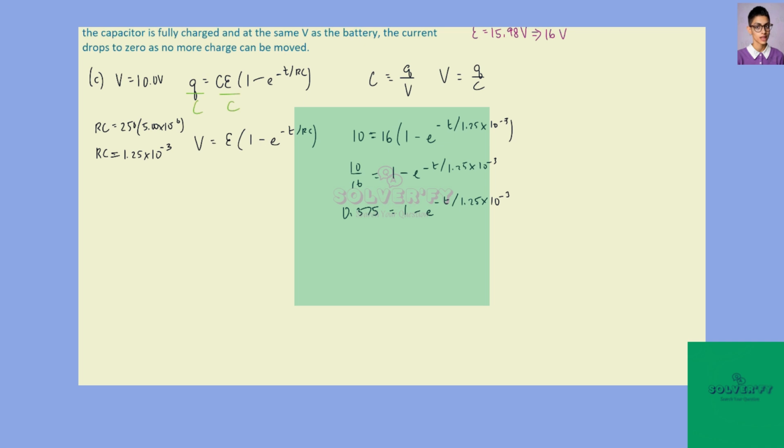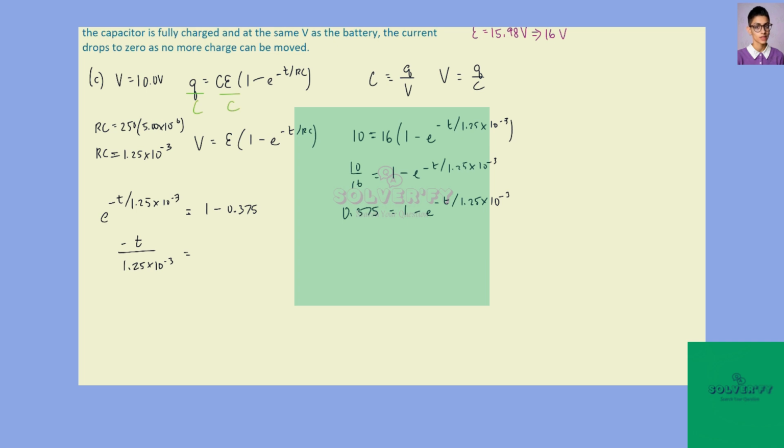And so I'm going to subtract 0.375 from both sides and add that value for E. And I'm going to go ahead and come over here to the left. So E to the minus T over 1.25 times 10 to the minus third equals 1 minus 0.375. And from here, we will take the natural log of both sides, which leaves me with negative T over 1.25 times 10 to the minus third.